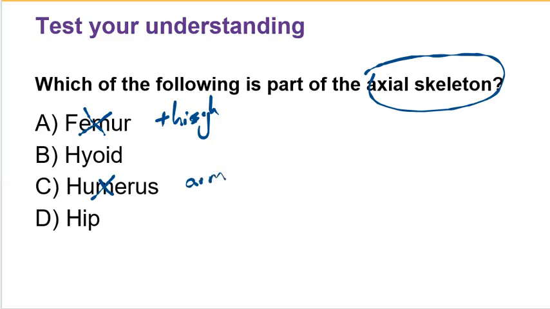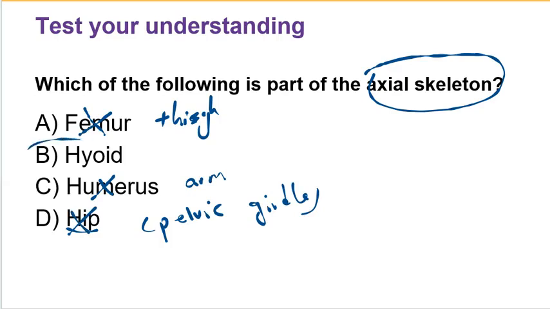So the humerus is also part of the appendicular skeleton. How about the hip? The hip is a bone part of the pelvic girdle, meaning the bone connecting our lower limb to the axial skeleton. So that is also part of the appendicular skeleton.